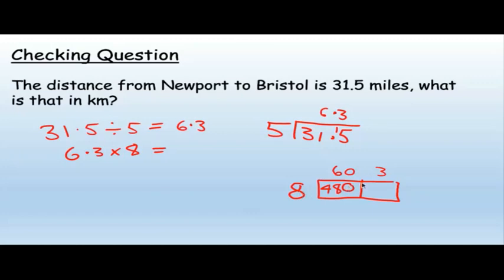Then we've got 8 times 3 is 24. So altogether that is 504. But we know that we need to add that decimal point in there. In the question, there was 1 digit after the decimal point, so there must be 1 digit after the decimal point in the answer. So we've got an answer here of 50.4 kilometers.